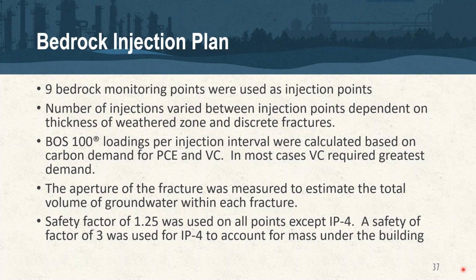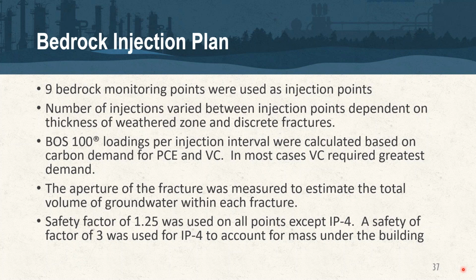So utilizing the different CVOCs depending on PCE and vinyl chloride as the dominant contaminants of concern that drove the design. Looking at the aperture of each fracture that was identified through geophysics, downhole camera, and pumping tests, using that as a way to estimate the total volume of groundwater needed to achieve proper distribution within each fracture.